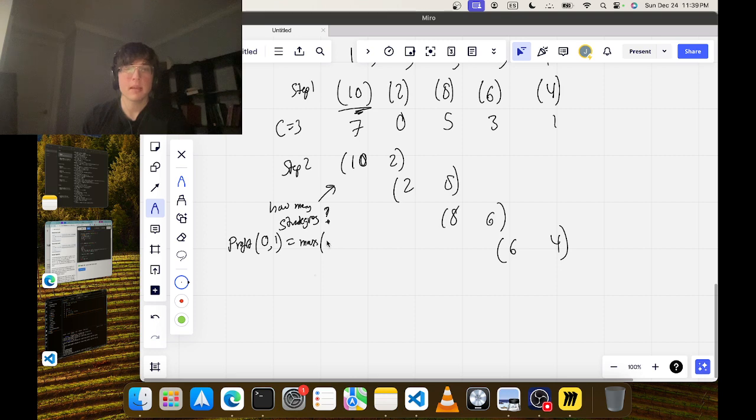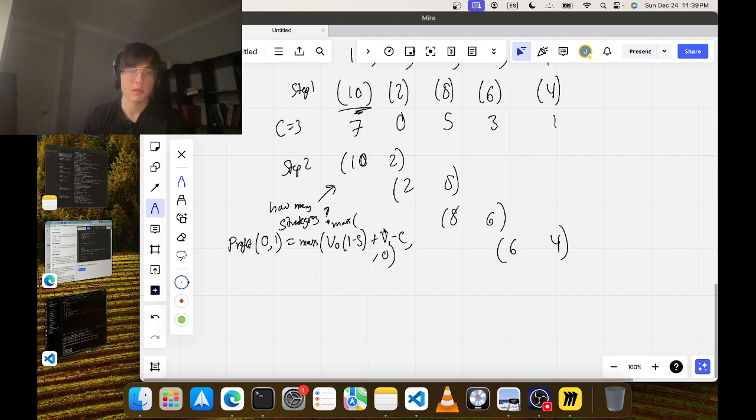Either we leave the package in, which is v of 0 minus c plus v of 1 minus c. So we left the package in for 1 day, and we added the second package in, subtracting c, because obviously this is a max, it might not even be profitable.